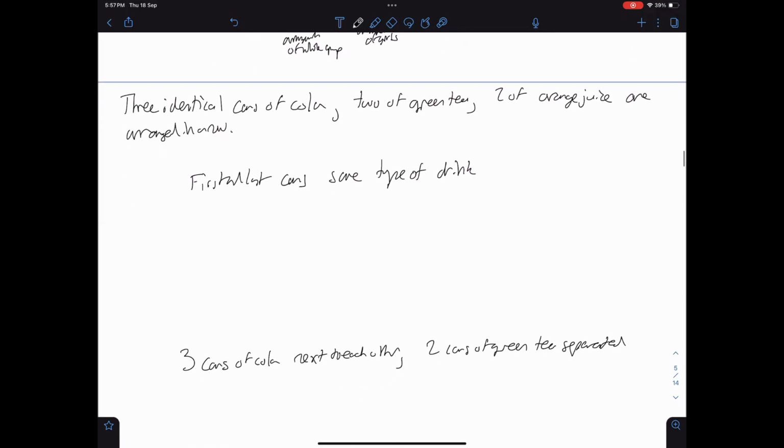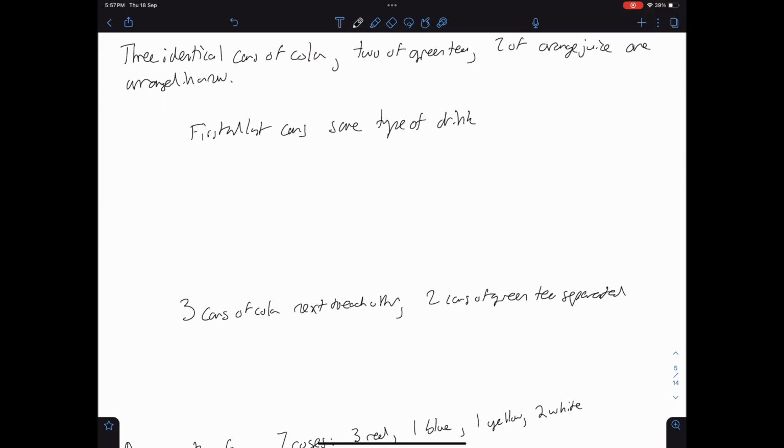Now on to a personal favourite question of mine. We've got some cans of drink, 3 identical cans of cola, 2 of green tea, and 2 of orange juice arranged in a row. Find the arrangements where the first and last cans are the same type of drink.